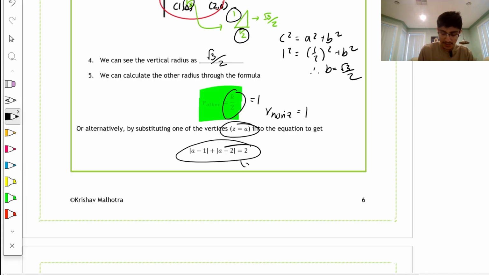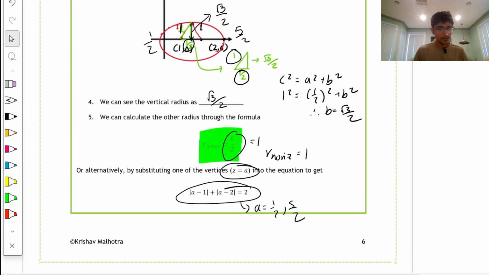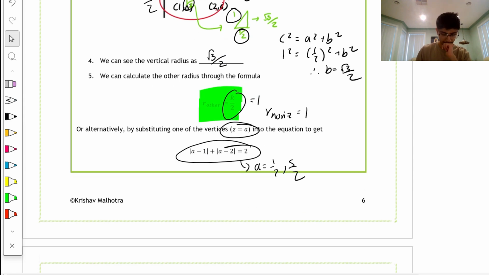And if you do this, you actually get a equals 5 on 2, which basically tells you that my maximum and minimum x coordinates are 5 on 2 and a half, I believe. So that's another way of doing it, but I would just use the formula because it can save a little bit of time.